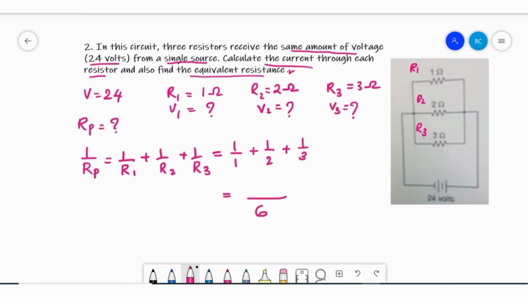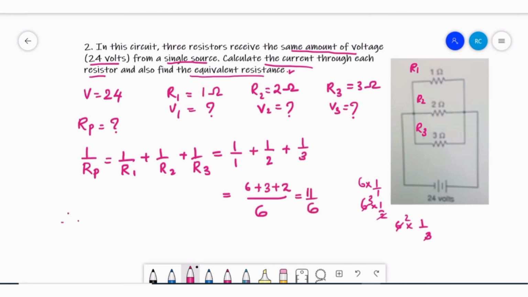When you solve, 6 into 1 by 1, you will get 6 itself, plus 6 into 1 by 2, so you will get 3, plus 6 into 1 by 3, so it will be 2. So it is 6 plus 3 plus 2 divided by 6, which is 11 by 6.